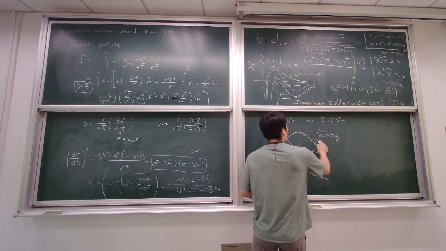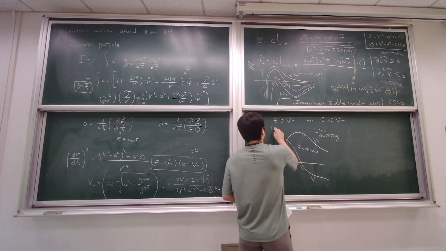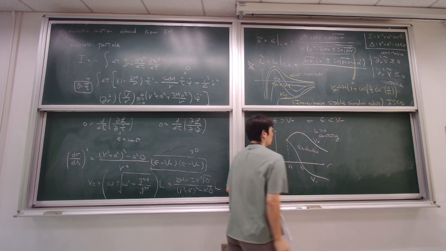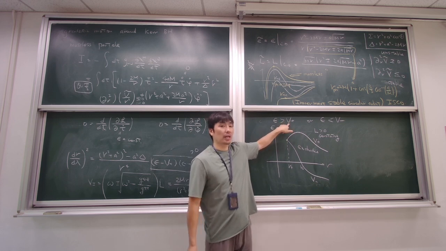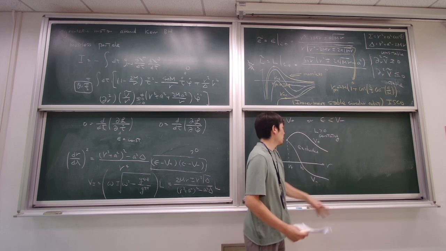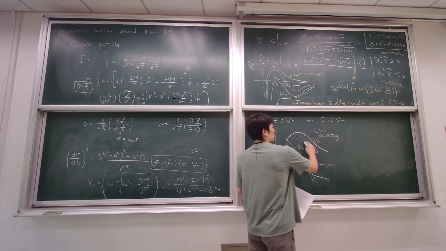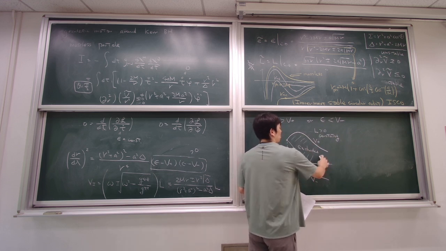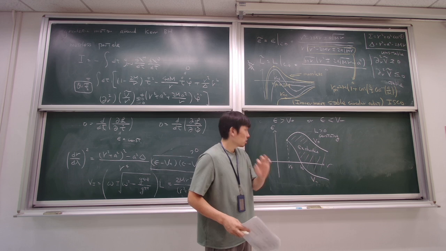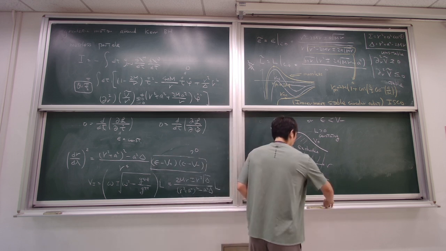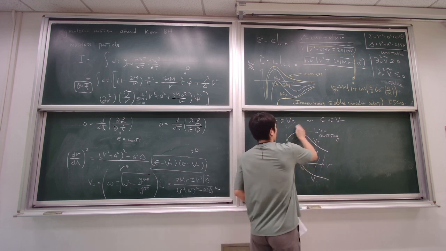This is B plus and B minus, this is epsilon and R. Since epsilon has to be greater than B plus or less than B minus, this region is excluded. So the massless particle cannot take this region.